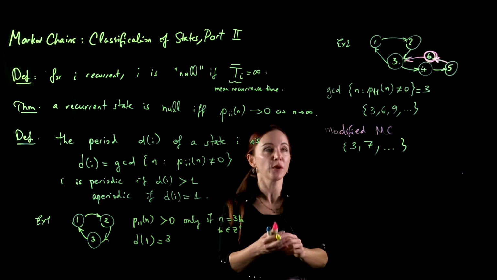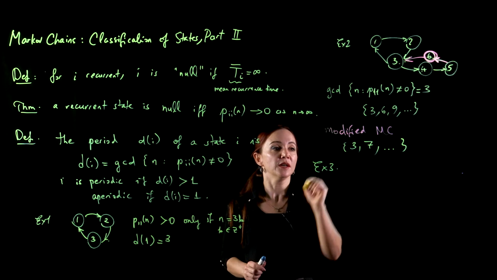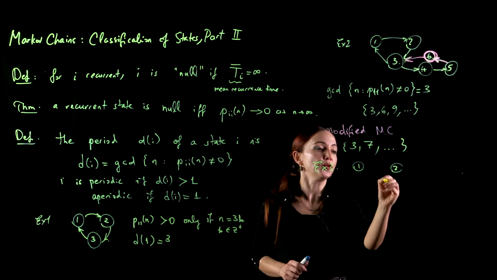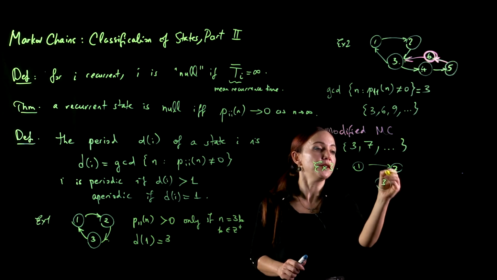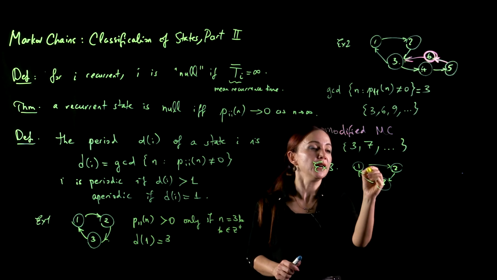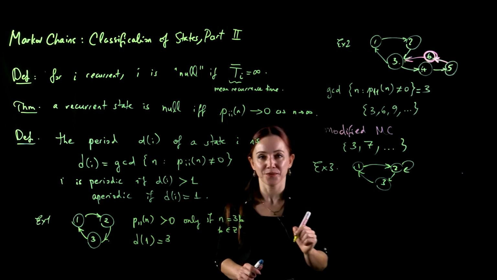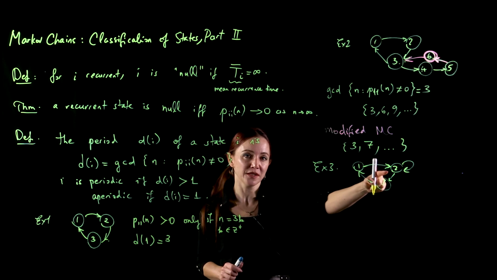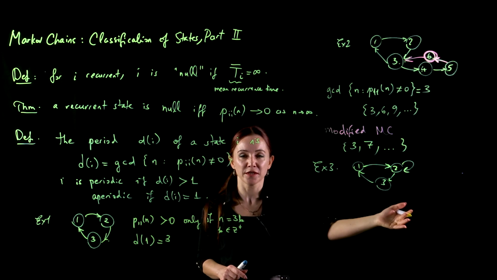There could be another way of destroying the periodicity. Let's see another example. 1, 2, 3. Very simple cycle, except I'm going to add a self-transition. My claim is, if you add a self-transition to a recurrent class, you destroy periodicity.